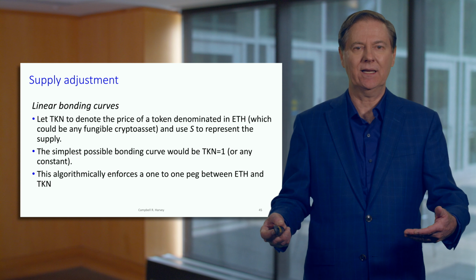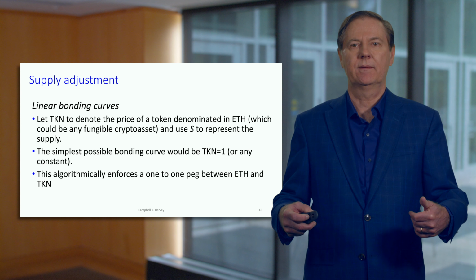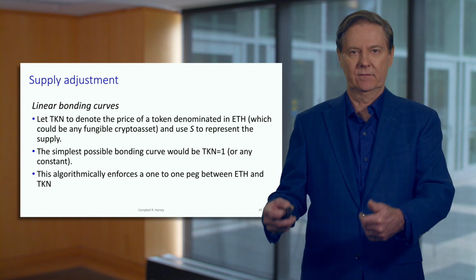It's just algorithmically set that token represents 1 Ethereum. So if you had Ethereum in a pool with this rule, if you send 1 token, then you get 1 Ether, and vice versa. Okay, so very simple. It's not a very good one.